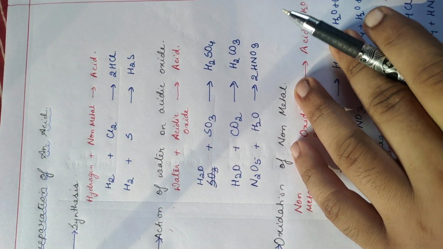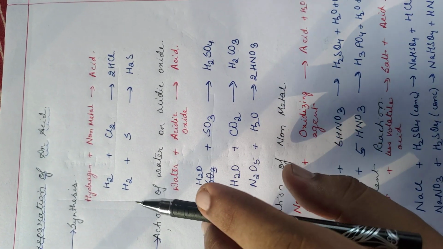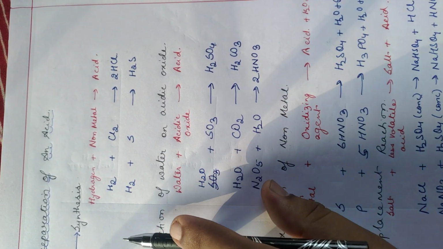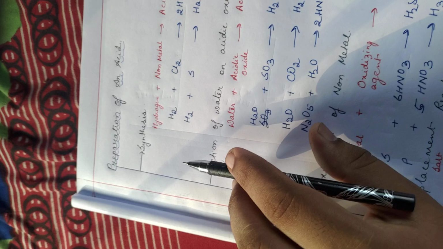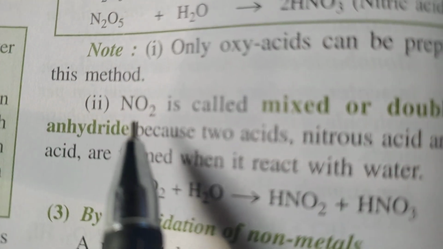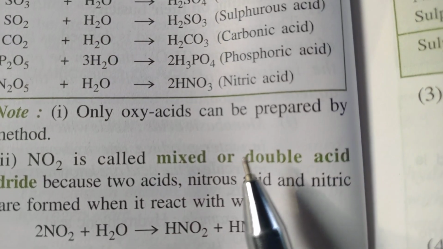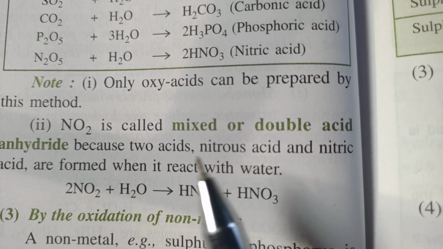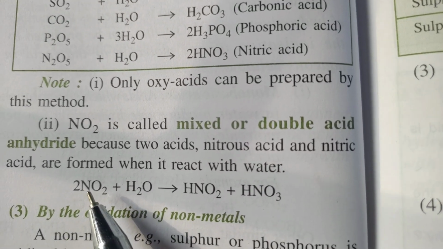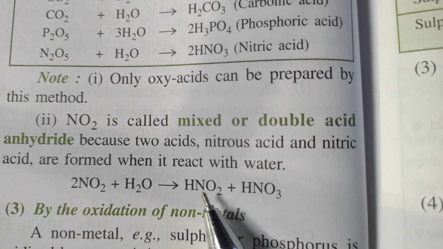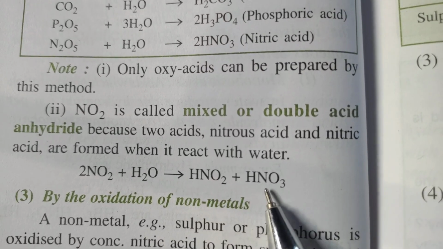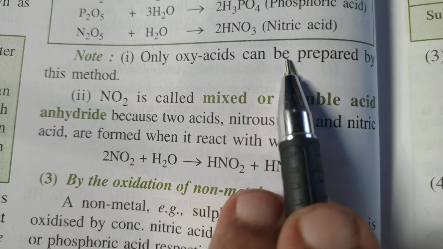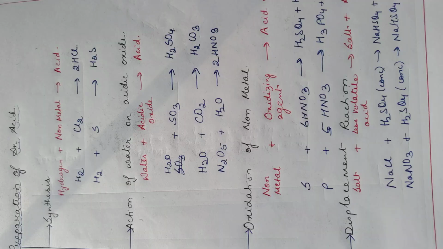First, nitrogen dioxide will produce two acids, not just one. It is also called a mixed anhydride, because two acids, nitrous acid and nitric acid, are formed. 2NO2 plus H2O will give you HNO2, that is nitrous acid, and nitric acid HNO3. The second point to remember is that only oxyacids can be prepared by this method.